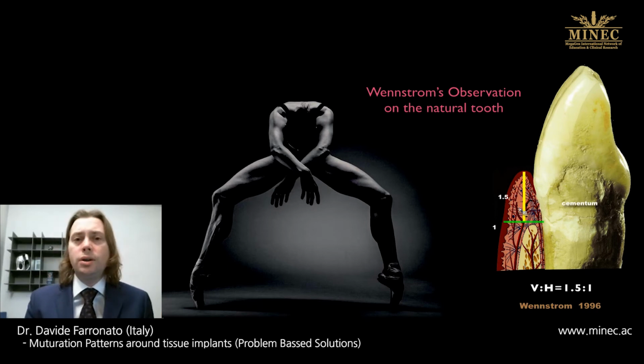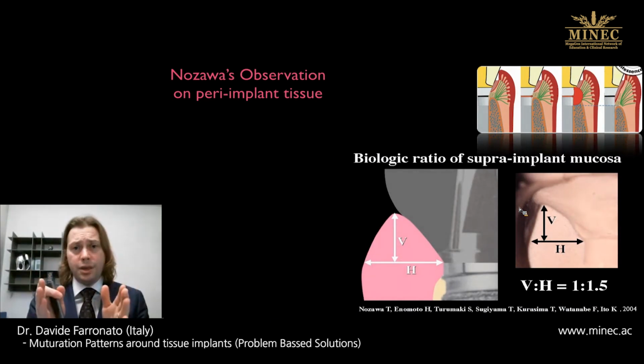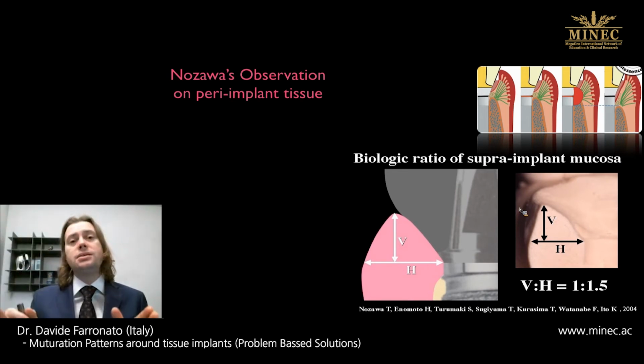But when you turn this system to an implant, it was measured by Nozawa that it completely changed the rule. So if before it was thick and 1.5 times high, now it is high and 1.5 times thick. Which means that we lost height.